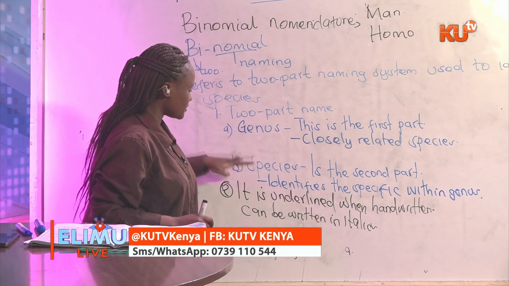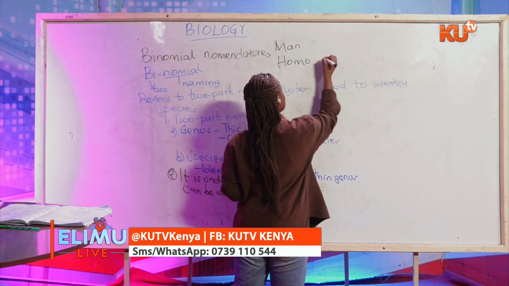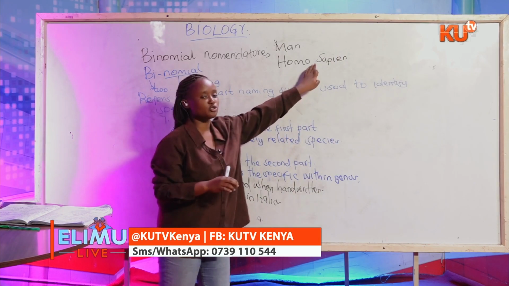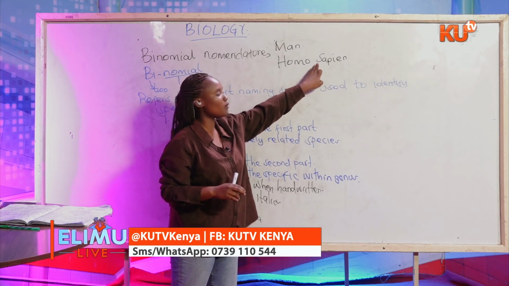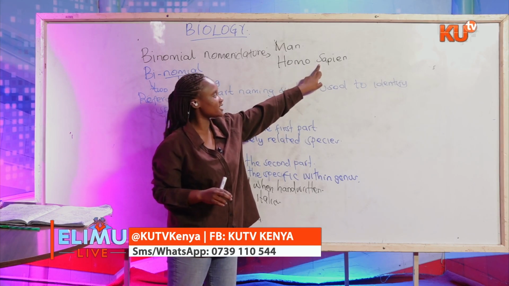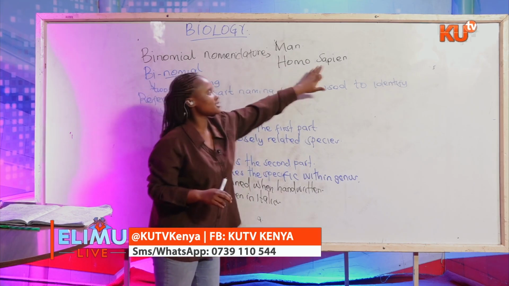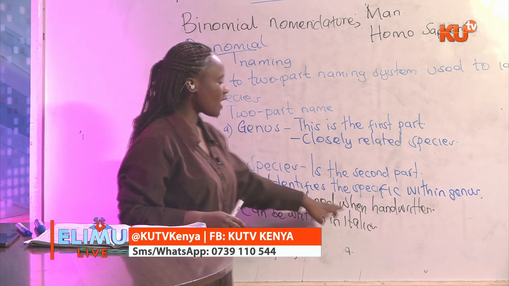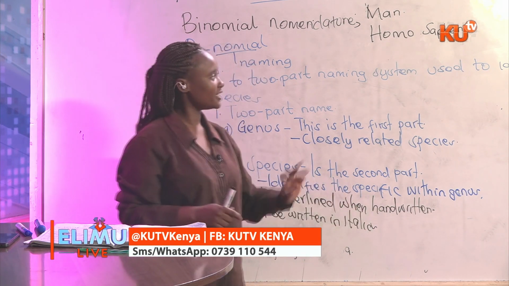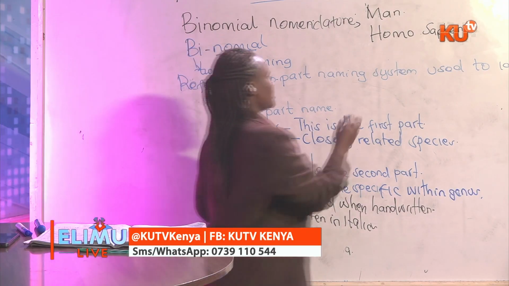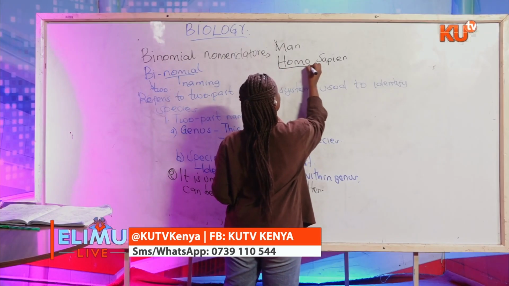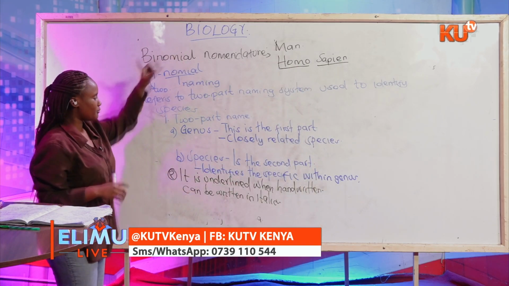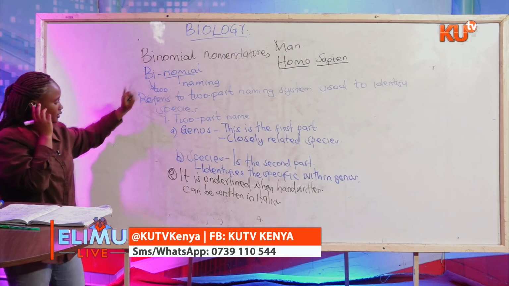And the species, which is sapien, the second name should be written in small letters. So we have Homo sapien. This is handwritten. So when it is handwritten, you underline, but you underline separately. Homo sapien. So that is an example of the binomial nomenclature.